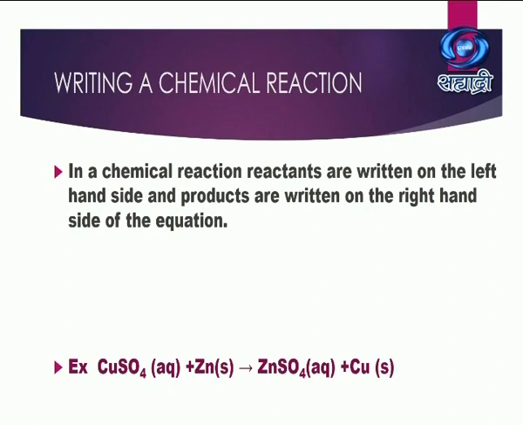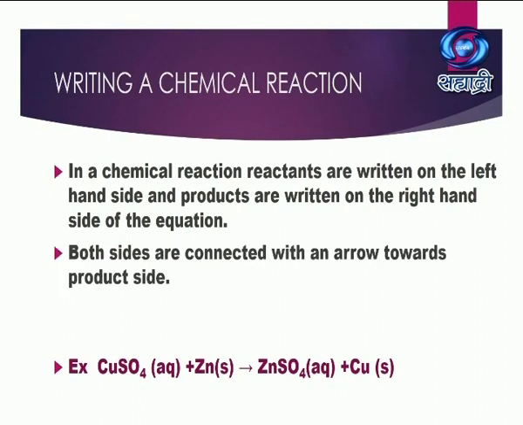That means CuSO4, copper sulfate, and zinc are the reactants, and ZnSO4, that is zinc sulfate, and copper are the products which are written on the right hand side. Now the left hand side and right hand side are connected with an arrow towards the product side. So this is how we can write a chemical reaction.